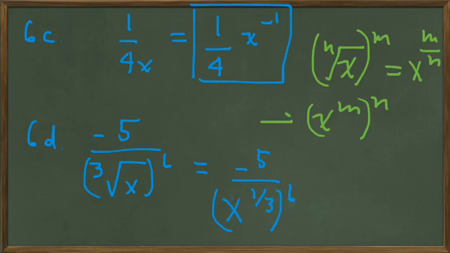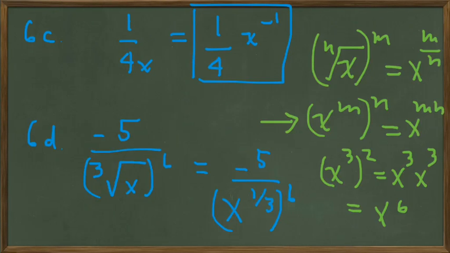We have an expression to a power raised to a power, and we multiply those two exponents together. Let's do a quick example to illustrate. If we have x cubed squared, that's the same as x cubed times x cubed. We add the exponents to get x to the 6th, but a much faster way would have been just to multiply those two exponents together to get 6.